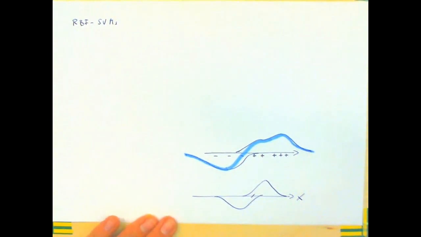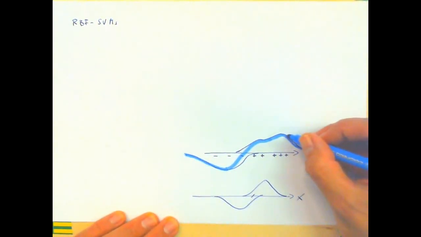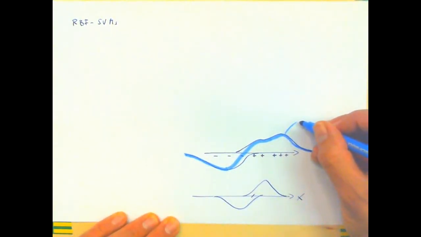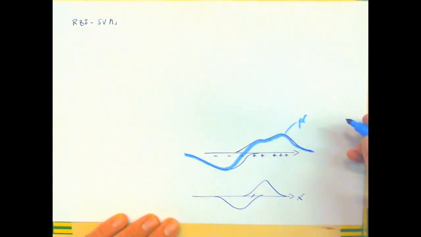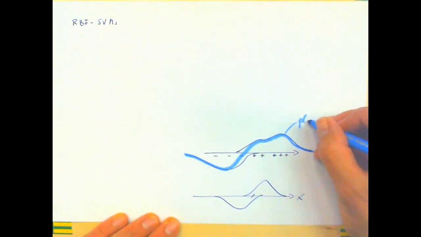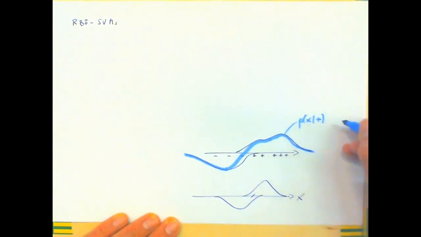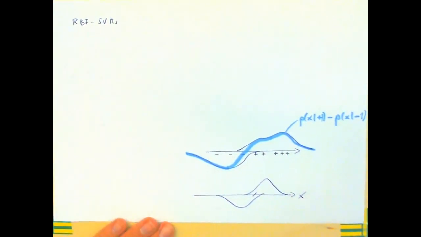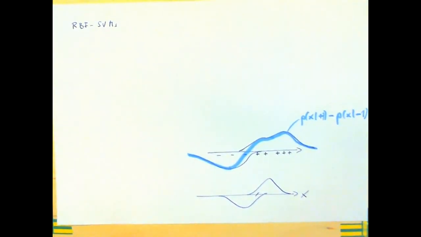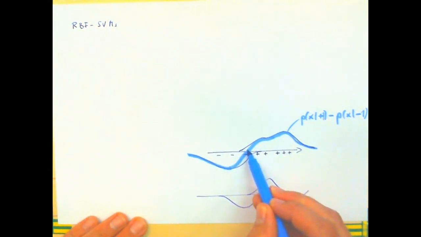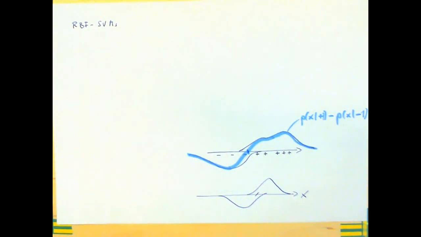So this thick blue line that I've drawn here was the probability of any feature X given my positive class minus the probability of any feature X given the negative class. And well, the decision boundary would be at the zero crossings. So here would be our zero crossing, this would be our decision boundary.